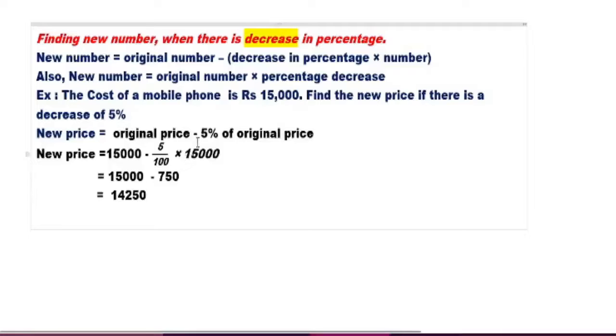So here the sign is minus. So new price equals 15,000 minus 5 by 100 into 15,000. Here two zeros cancel. You will get 15,000 minus 750. That is equal to 14,250.